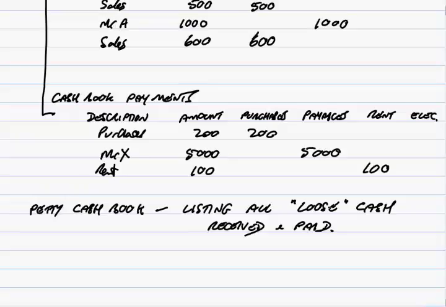However, although we've now got a way of listing all the cash transactions, the other two big types are sales and purchases on credit. And so we'd have a book listing all purchases on credit. We'd call this the purchases journal.